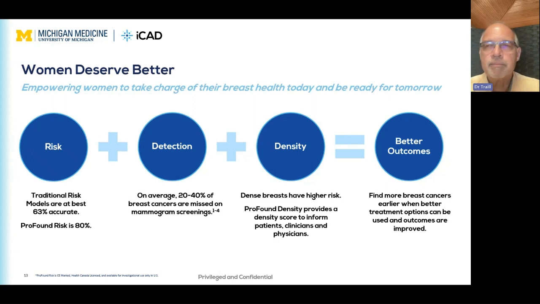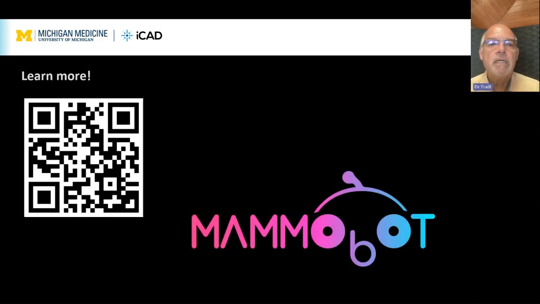And when you combine all the metrics here, the risk detection and the density, the expectation would be better outcomes. You've got an actionable risk algorithm. You've got less likelihood to have missed cancers, and a consistent density measurement that's actionable. Next slide.